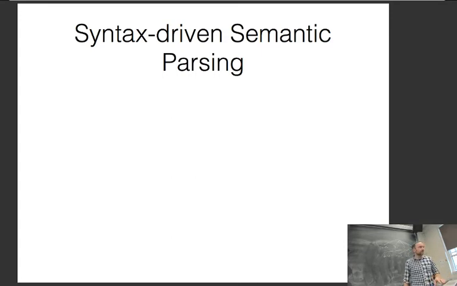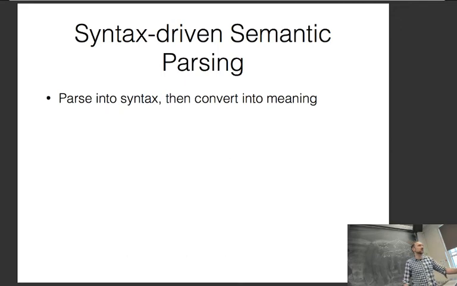So the first thing to note is that syntax and semantics have a very strong correlation between them. And we generally have much more data that's annotated with syntax. We have the Penn tree bank, which is annotated with lots and lots of syntax trees.